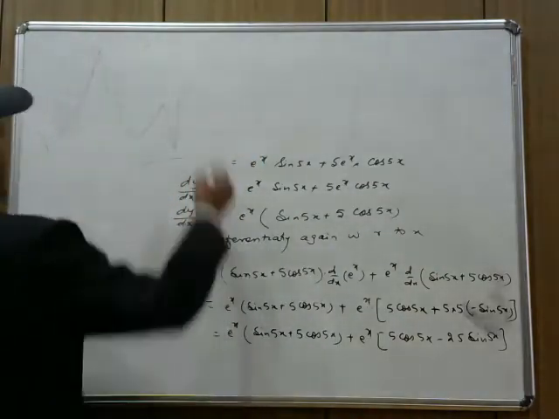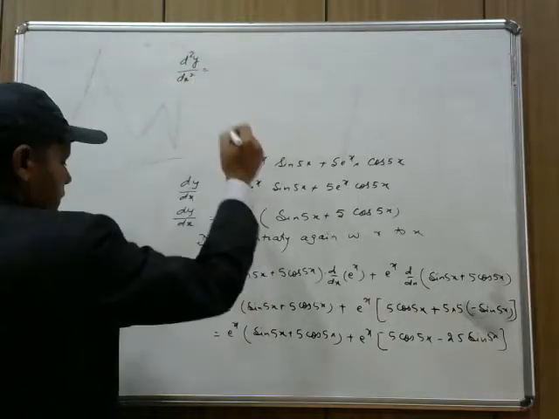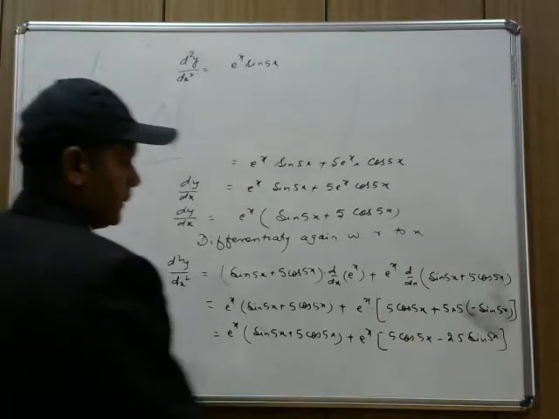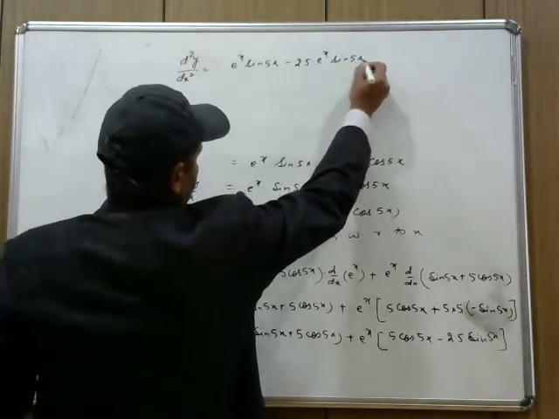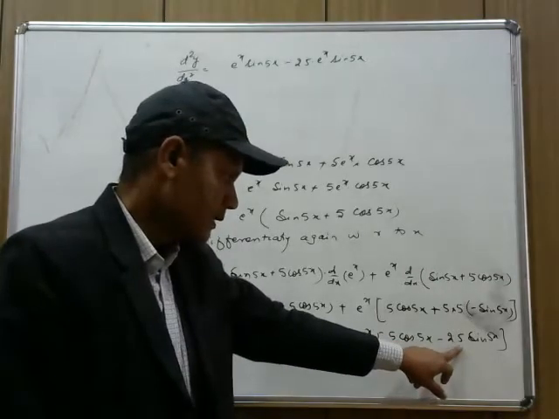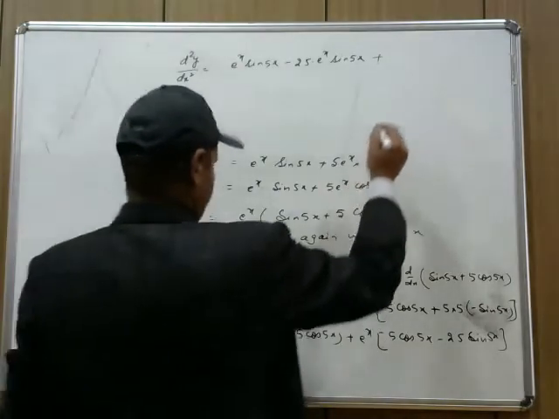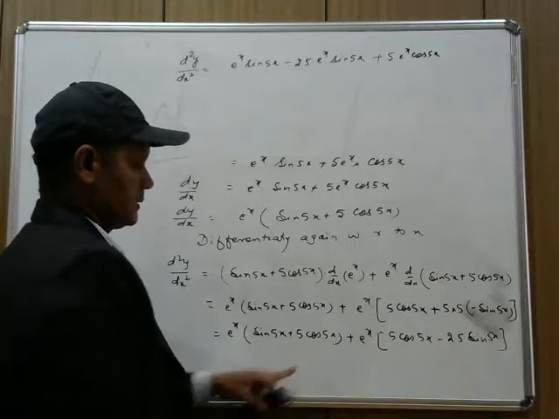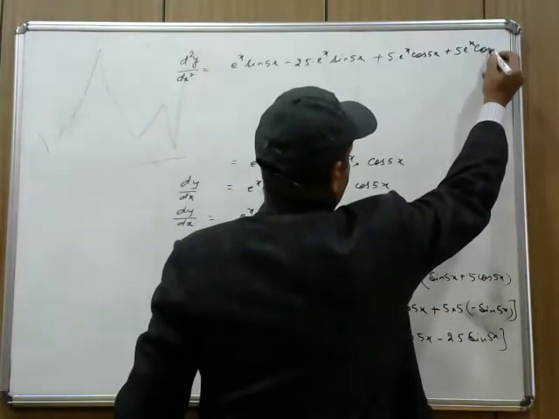Now can I write d2y by dx square is equal to e to the power x sin 5x minus 25 e to the power x sin 5x plus 5 e to the power x cos 5x plus 5 e to the power x cos 5x.